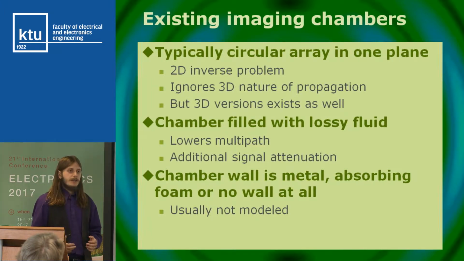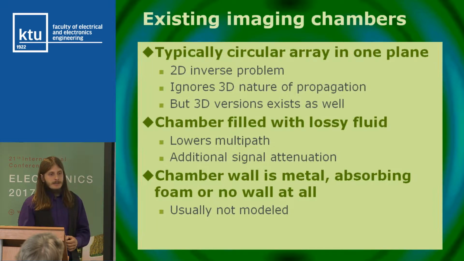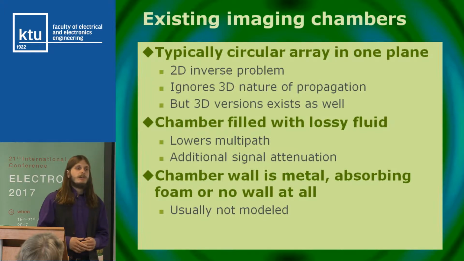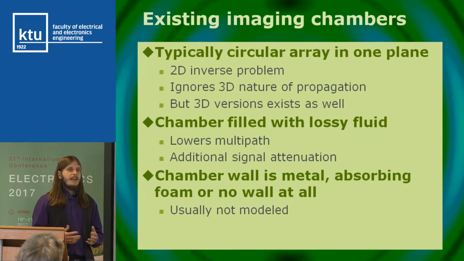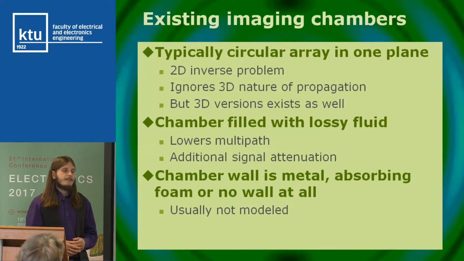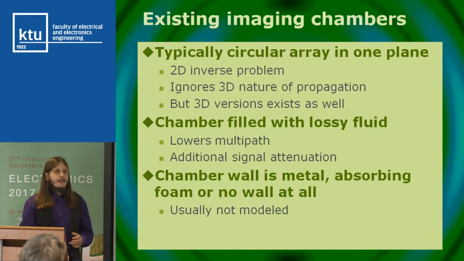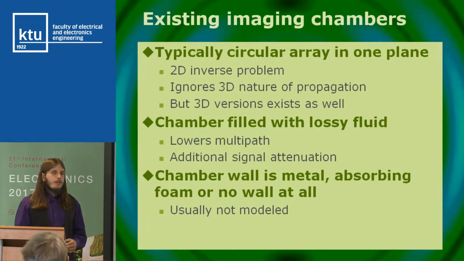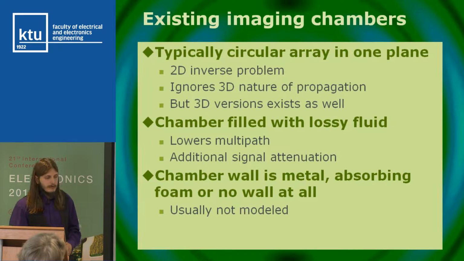It is usually just an array placed in one plane, and only a 2D tomographic image is obtained. That completely ignores the 3D nature of propagation and scattering of electromagnetic waves, and the 3D nature of radiation from the antennas. There are a few 3D versions as well, but they are not so popular, mostly because inversion is much slower and the calculation is much slower.